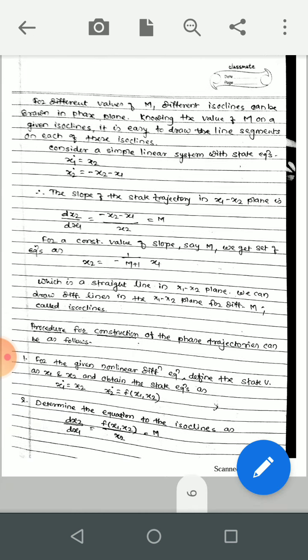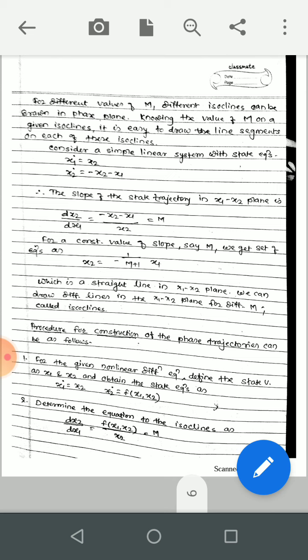Let it be m, that is, m is the slope of the trajectory. Therefore the locus of constant slope of the trajectory is given by, cross multiplying, f2 of x1 x2 equal to m into f1 of x1 x2.